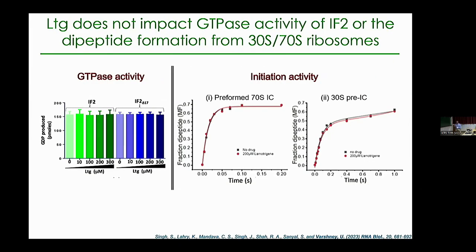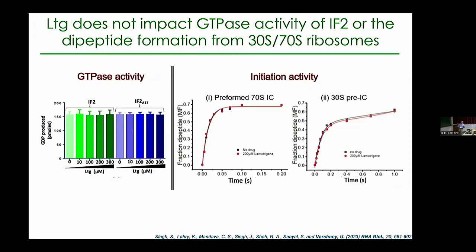So we wanted to understand what exactly lamotrigine is doing. Our immediate thought was that it must be affecting either the GTPase activity or the initiation activity directly. But as you can see, when you compare the GTPase activity at different lamotrigine levels, whether with wild type IF2 or IF2 deleted for 17 amino acids, nothing happens.